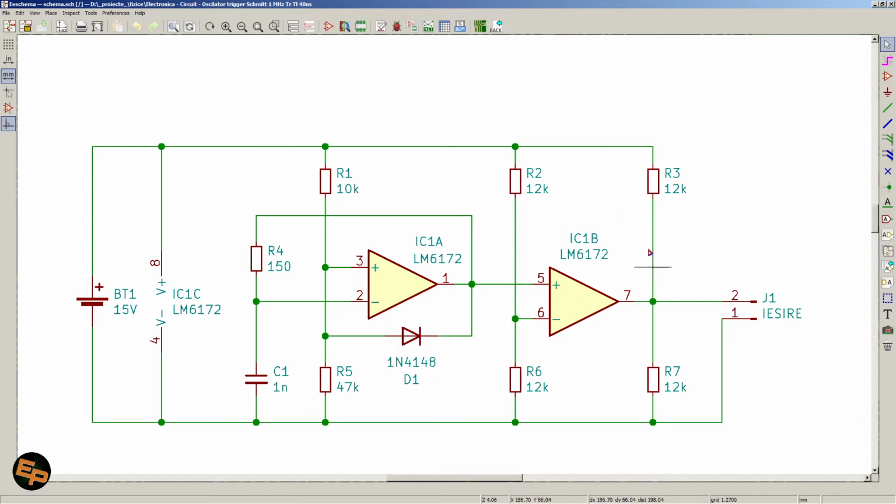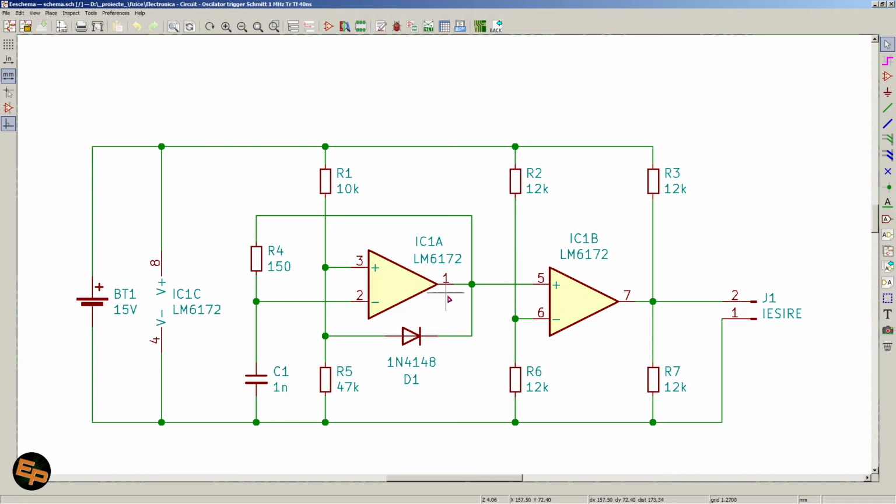And I'm using the second op-amp from this IC to compare this voltage and give a better square wave on its output. I have here R2 and R6 of equal value.